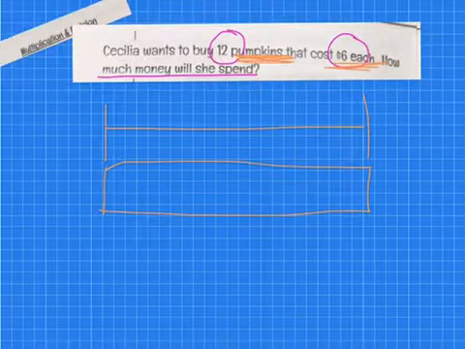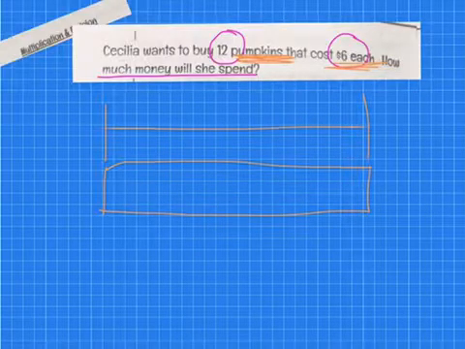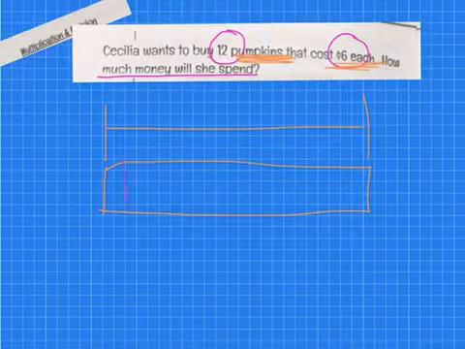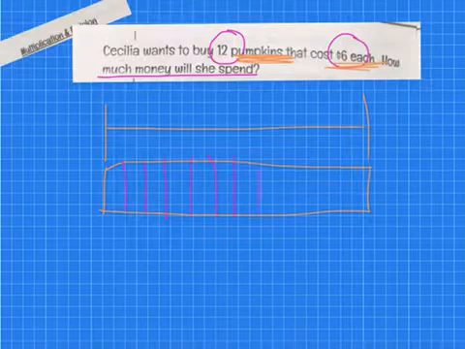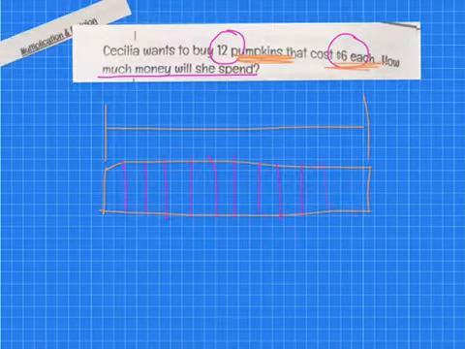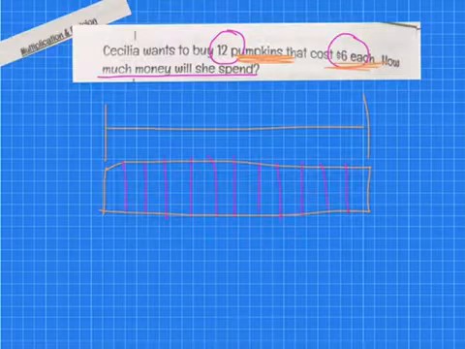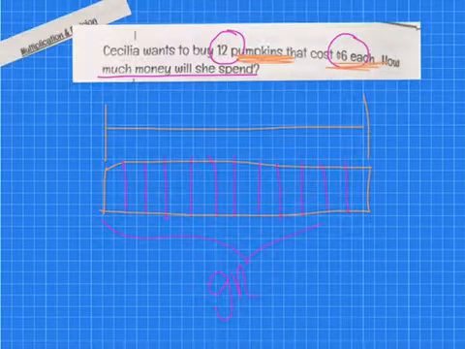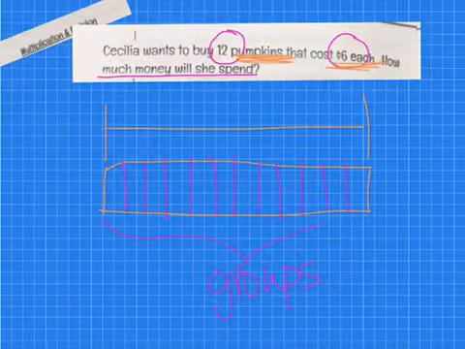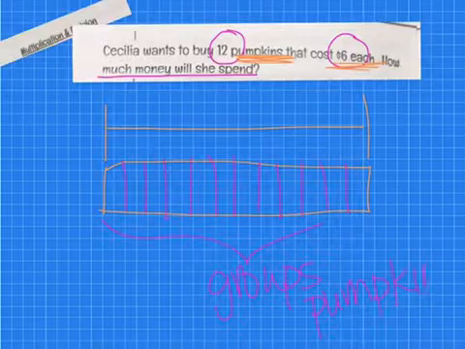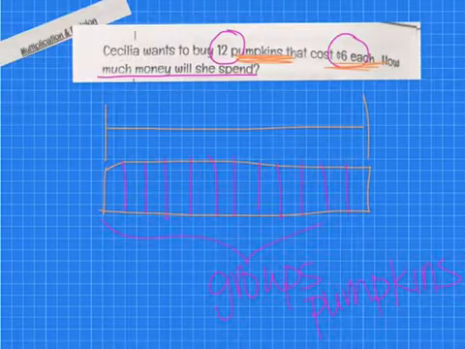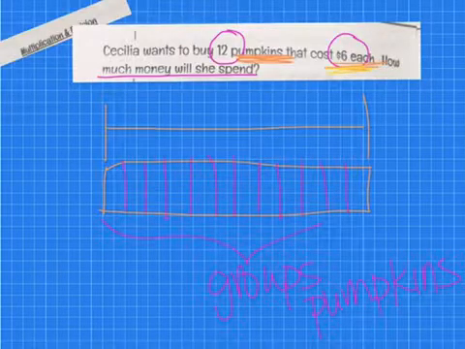So since my groups are the pumpkins and there's 12 of them, I need to cut this long rectangle into 12 sections. Okay, so there are my 12 pumpkins that represent my groups. And inside each group, I'm going to put how much each cost.